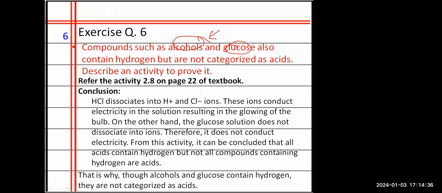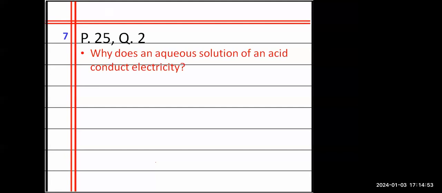You can show the circuit the way it was shown in the diagram, and then you can say the alcohol or glucose are not making the bulb glow because they don't have acidic property, but acids have such property. So in this way, you can explain the answer.